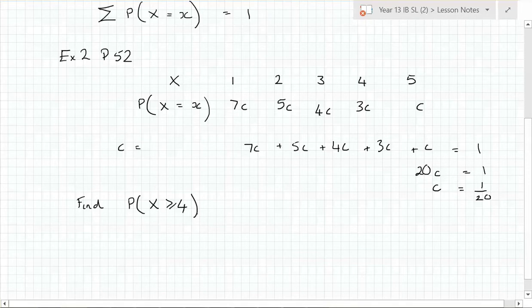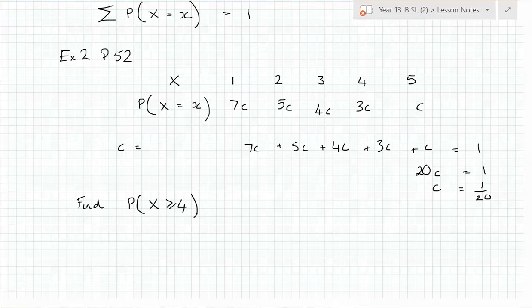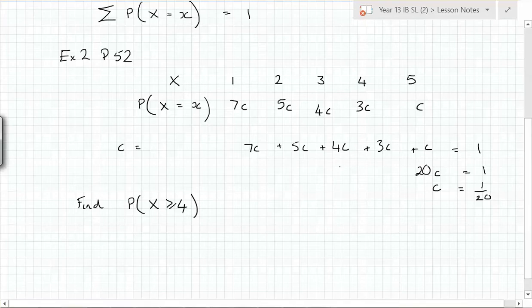So what is the probability that X will be greater than or equal to 4? 3c plus c. So it's the probability of X equaling 4 and the probability of X equaling 5.